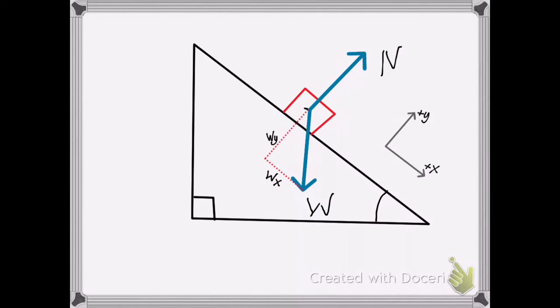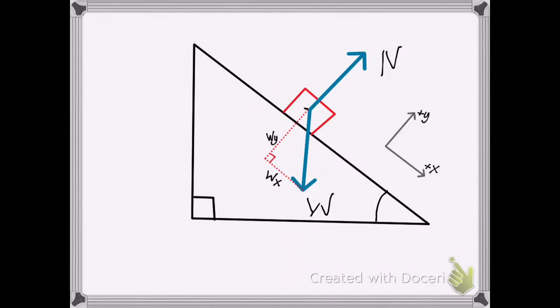We need a couple more pieces of information. We know, first of all, that the angle between our x and y axes will always be a right angle. That's a definition of a lot of things. We do need to know one more angle in order to get the full picture.